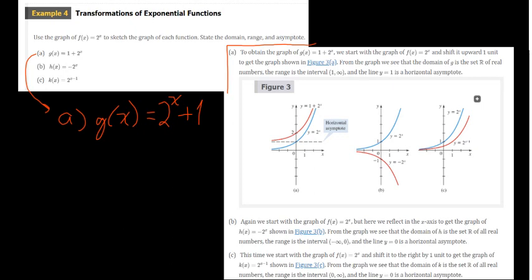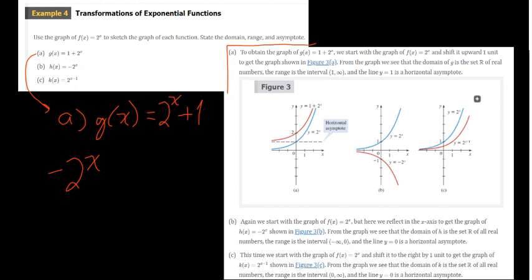B. I'm going to keep that A there and not erase it. But B, again, same rule that we saw in chapter 3. We are taking the negative of the parent function, so we're going to reflect it across the x-axis. Now, real quickly, negative 2 raised to the x power is the negative of the parent function, which it is.